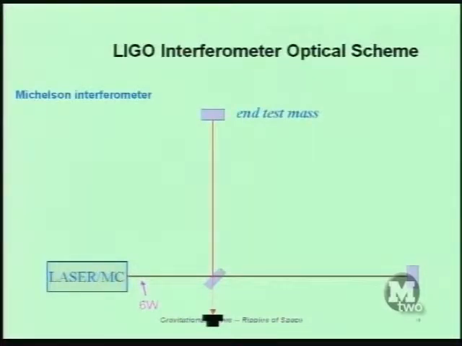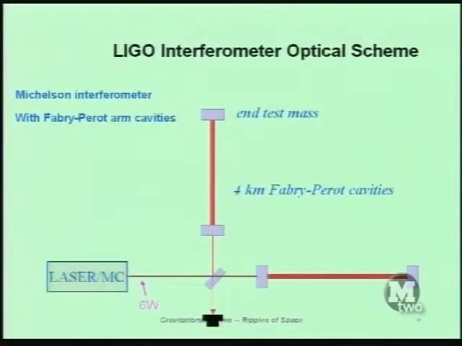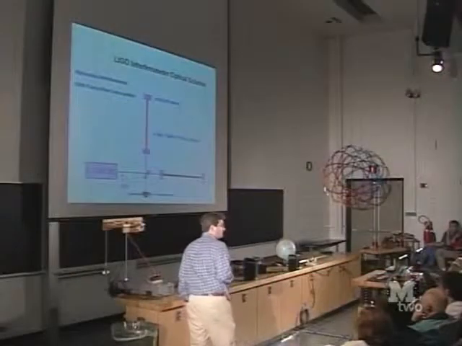Okay, now, how can we do better? Well, we can make each one of these arms what's known as a Fabry-Perot cavity. By placing another mirror here and another mirror here, we create a resonant optical cavity between these two mirrors. Now, normally, if you don't have resonance, if you just place a mirror right here, all the light would go right back toward the laser, which wouldn't help you.